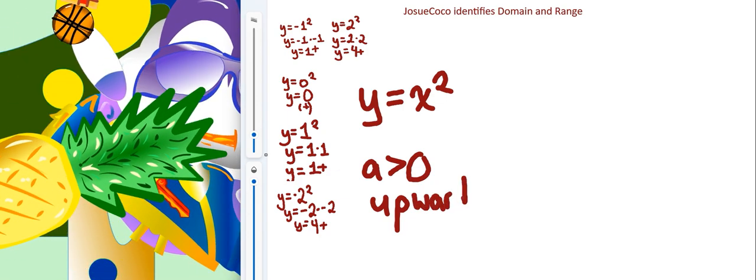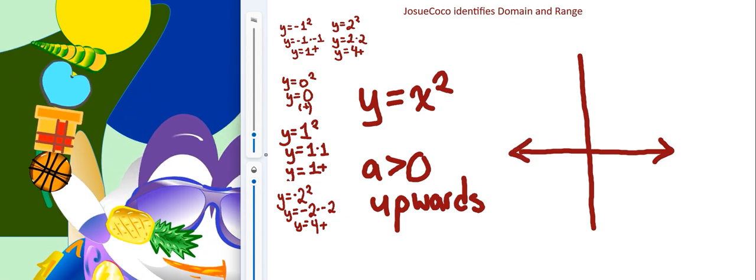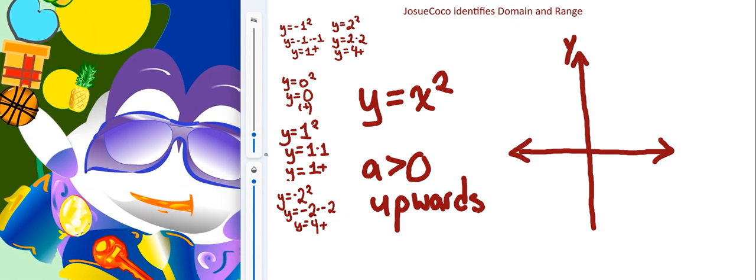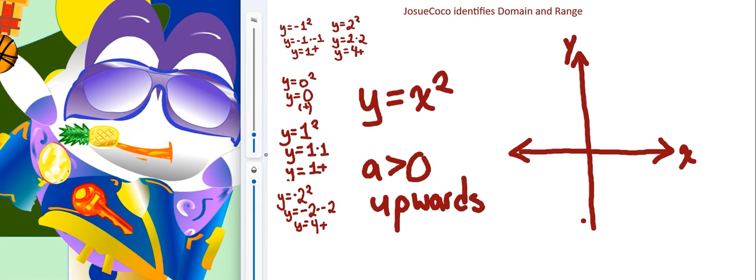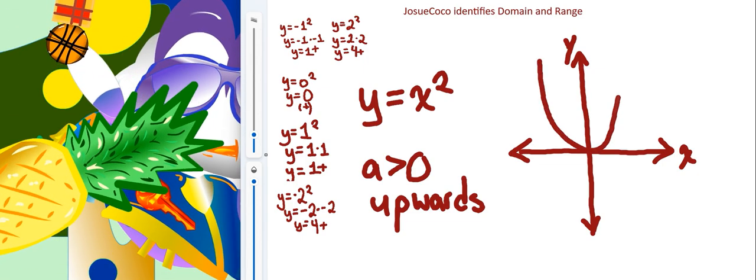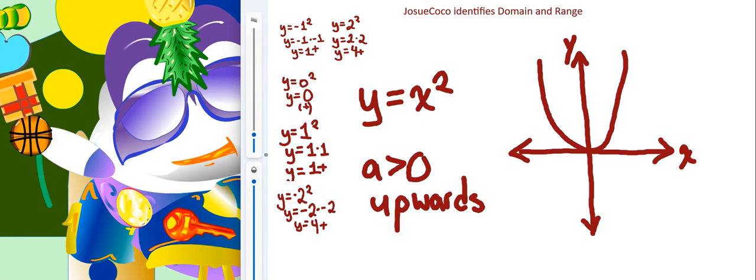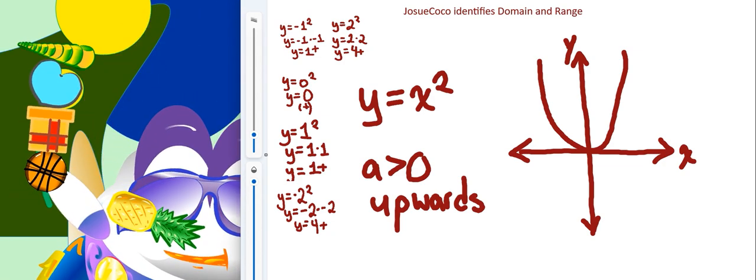Recall that if A is greater than 0, then the parabola will open upwards. We'll begin by drawing our x and y axis for the rough sketch. Y, x. And since we know that when x equals 0, y equals 0, the vertex will be at the origin, opening upward, so the parabola opens upwards.